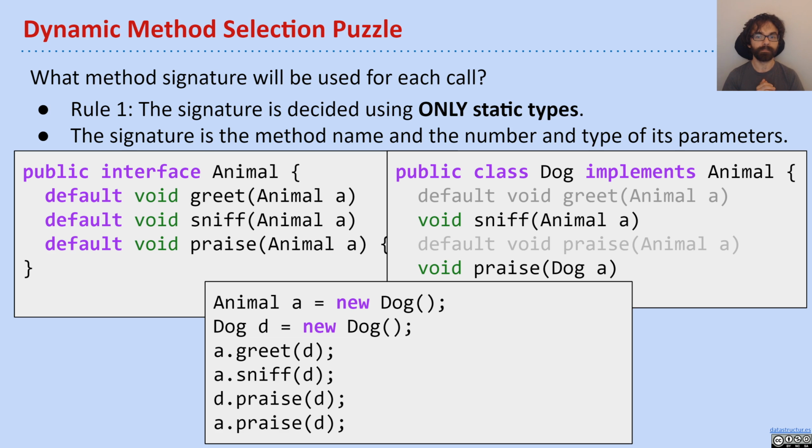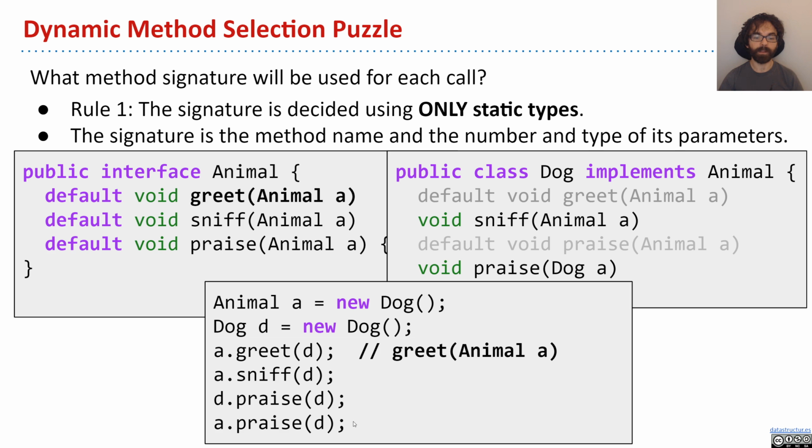Now remember that this rule is we pick the signature based on only the static types, and in case you're fuzzy on what signatures are, remember that the signature consists of the method's name and the number and the type of its parameters. So when I call a.greet(d), just based on the static types, what signature is going to get used? I'll spoil the first one, which is greet animal. We're going to use greet animal. All right, so fill out the rest of these and just write the signature of the method.